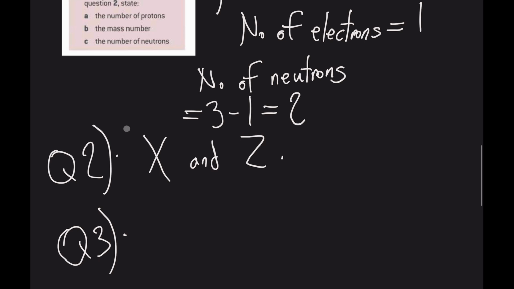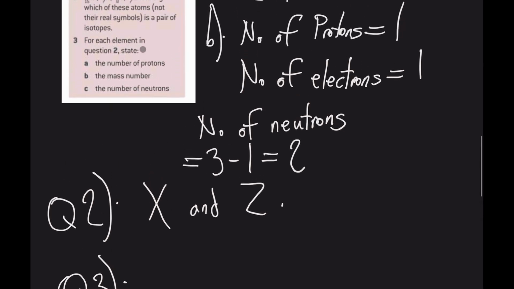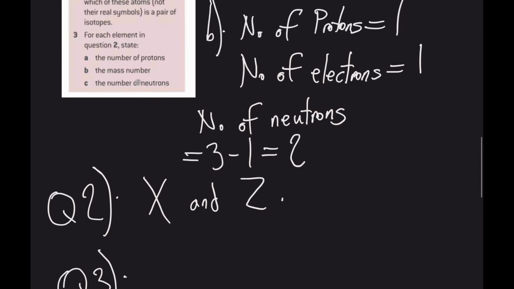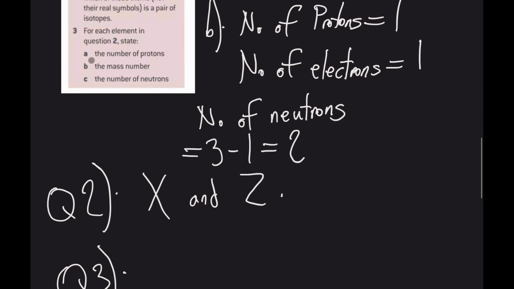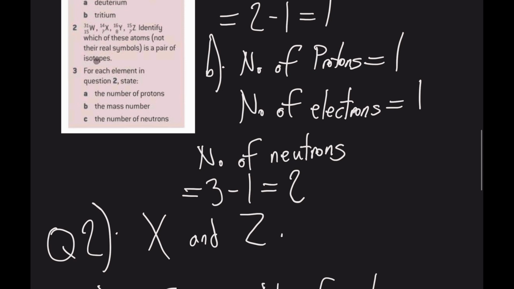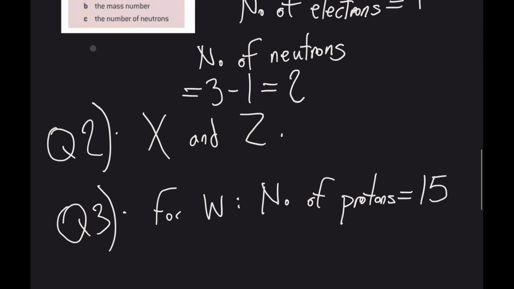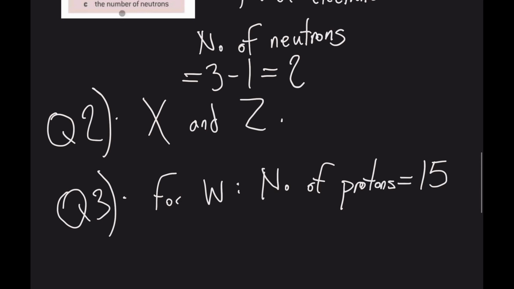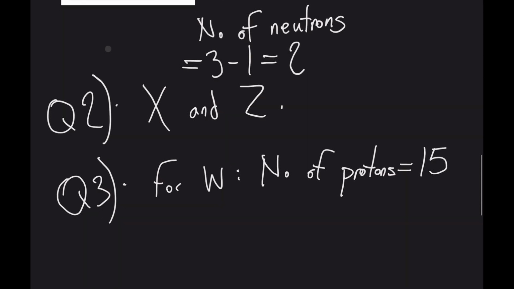Okay, so question 3 wants us to state the number of protons, the mass number, and the number of neutrons in each element in question 2. So let's start off with W. It wants us to find the number of protons in W. So we can read that from the atomic number here, which is 15. So the number of protons is 15. We also have to find the mass number, and the mass number can be read from the number here at the top, which is 31.